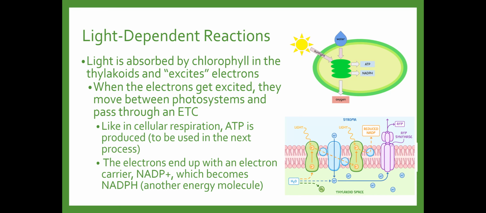Okay, so they're going to pass from photosystem 2 to photosystem 1. Now, in the process of passing between photosystems, this should kind of look familiar. This is an electron transport chain. So in the process of photosynthesis, when the electrons get excited and they move from one photosystem to another, they actually pass through an electron transport chain, just like we saw in cell respiration.